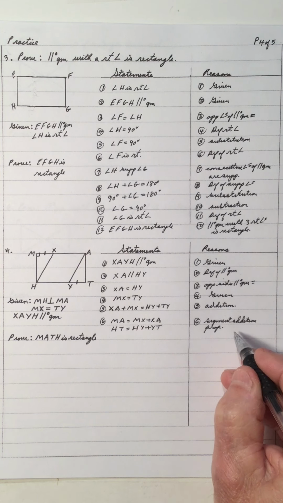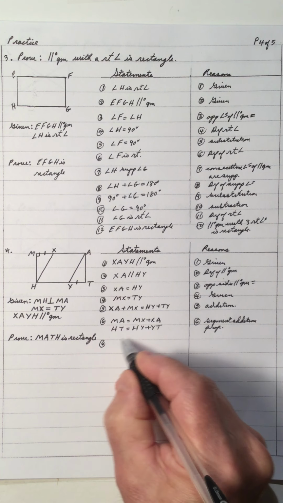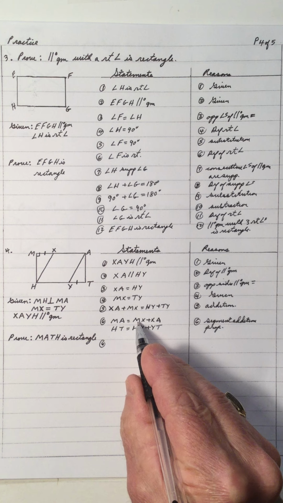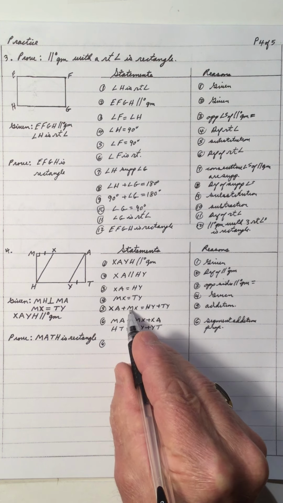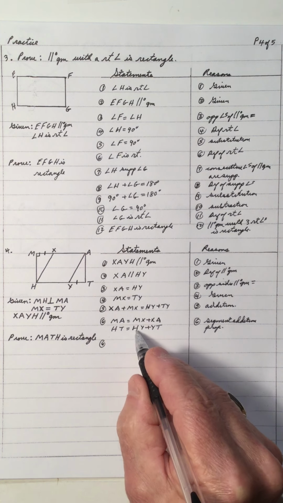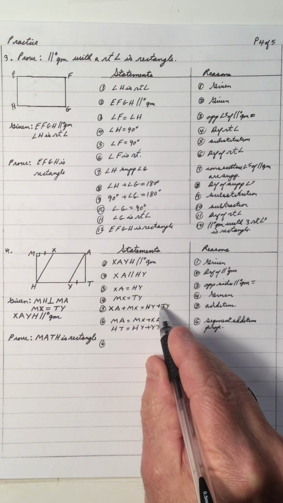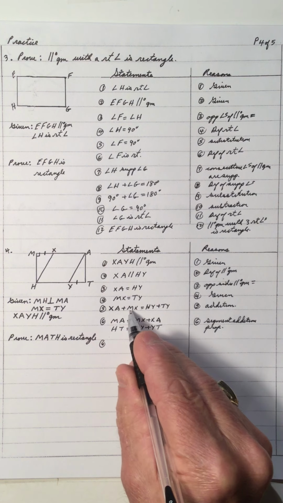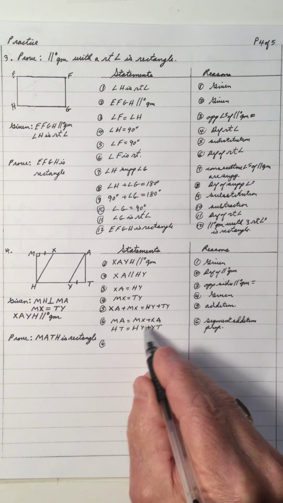Notice that MX and XA is right here, and HY and YT is right here. So these two are equal to those two. There they are right there.